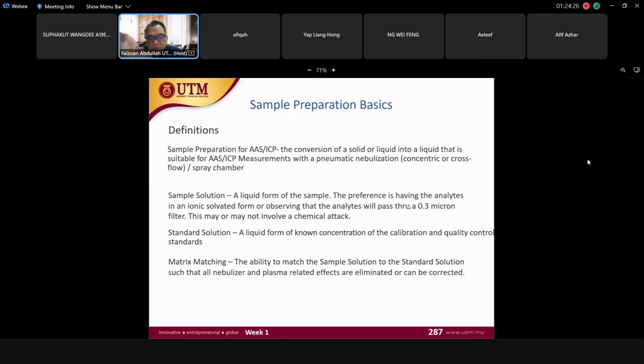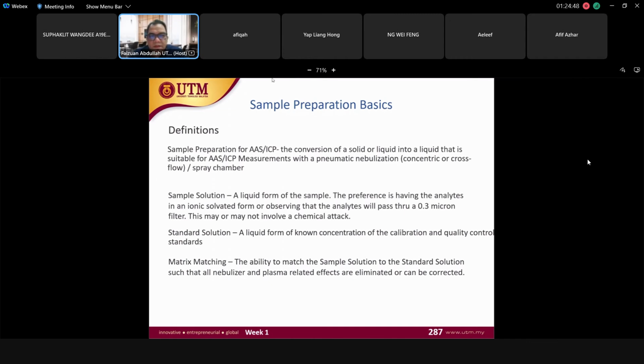Not a cloudy sample with a lot of rubbish inside. We need to filter so that we have a clear sample, so that the instrument will not be affected by the suspended solids inside the sample. This is to take care of the instrument.